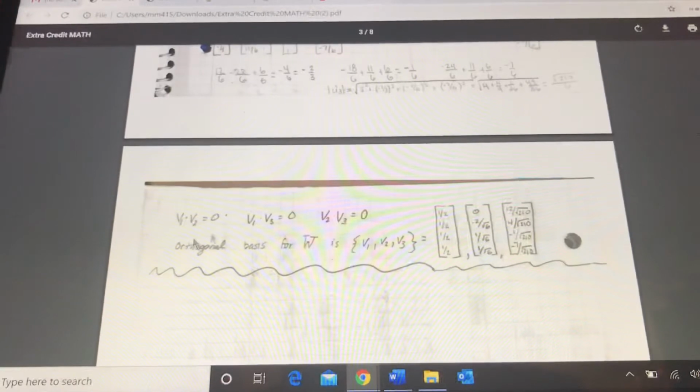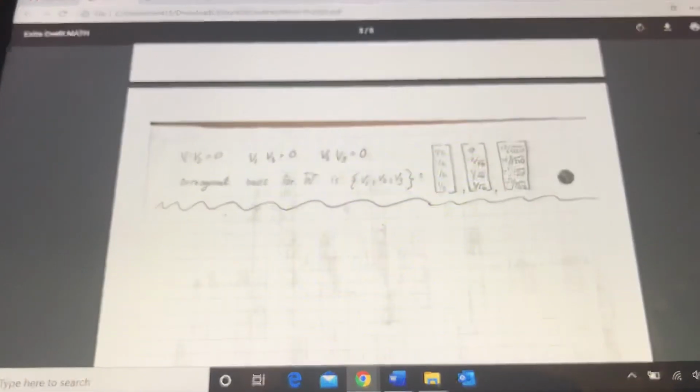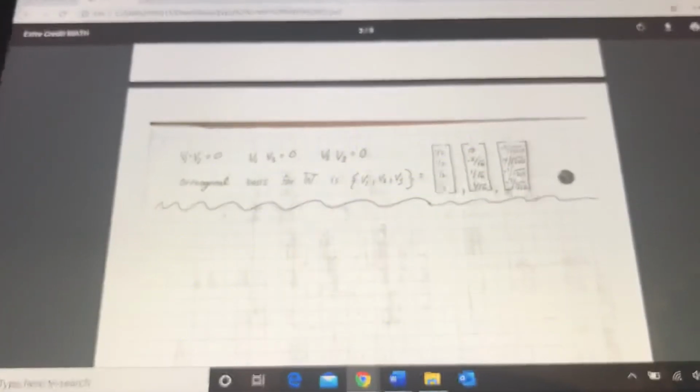Basically, Gram-Schmidt's equation. I just went ahead and did that really fast. And basically our orthogonal basis of v1, v2, and v3 is this.